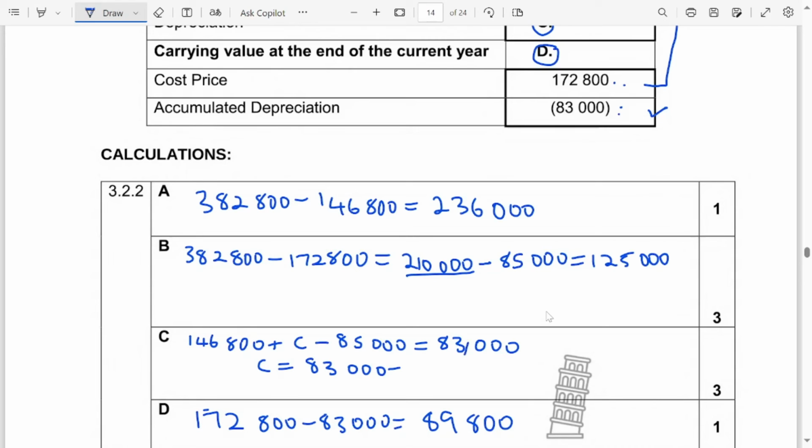When you take the 61,800 to this side, it becomes negative 61,800. Then C is equal to 83,000 minus 61,800. That is going to be 21,200. So we found our answer. That is it.